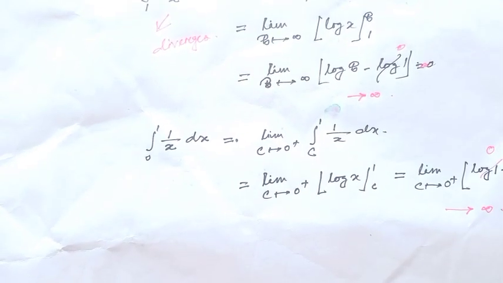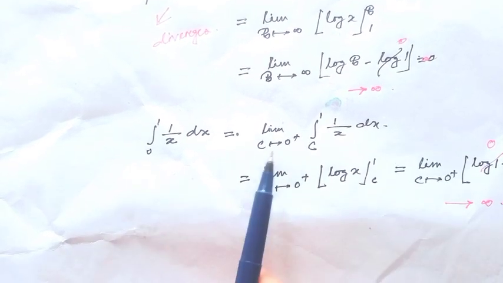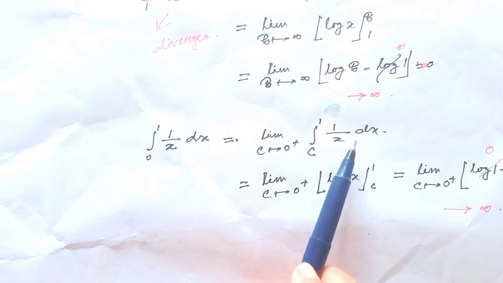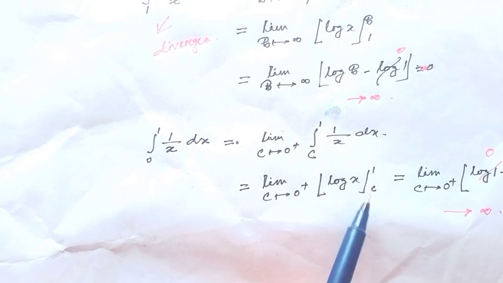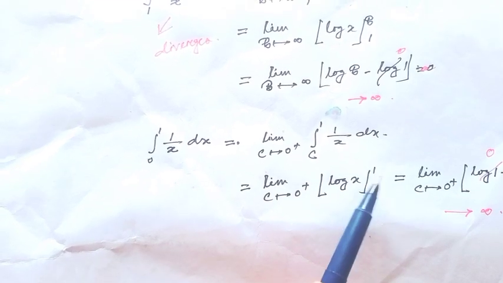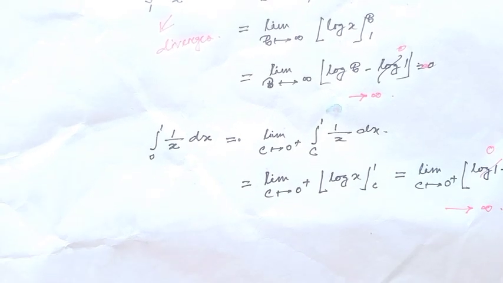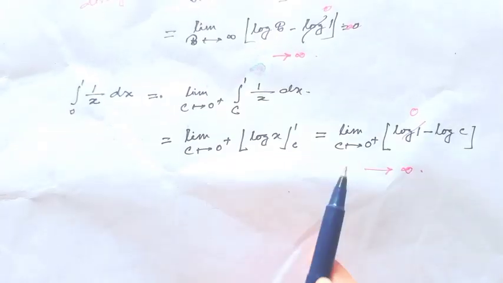And for integration 0 to 1 of 1 over x dx, we can write limit c tends to 0 plus integration c to 1 of 1 over x dx, and this is similar to before, log x from c to 1. After evaluating, this would be log 1 minus log c, with limit c goes to 0 plus.